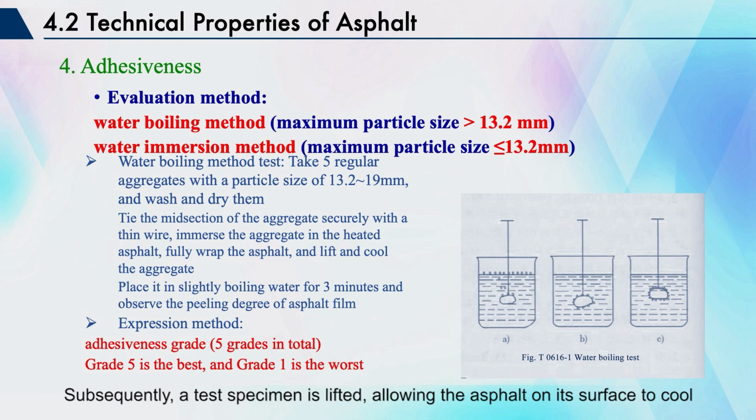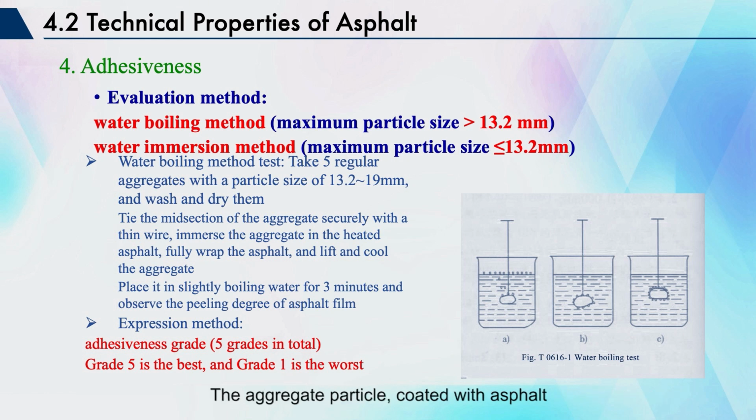Subsequently, the test specimen is lifted, allowing the asphalt on its surface to cool. The aggregate particle coated with asphalt is then placed in boiling water for 3 minutes, and the degree of asphalt film detachment is observed.